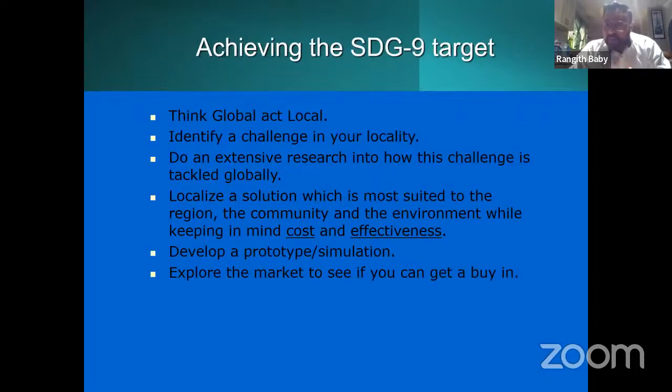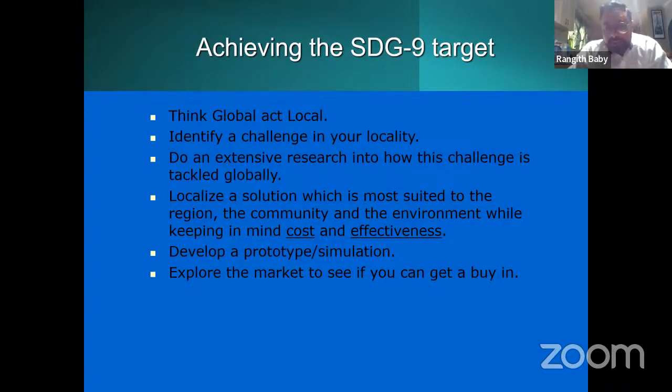Now that I've gone through the introduction of what the SDGs are, let us look at how we can achieve a specific SDG. There are some steps that we formulated. We also looked at documentation from the United Nations in this regard.